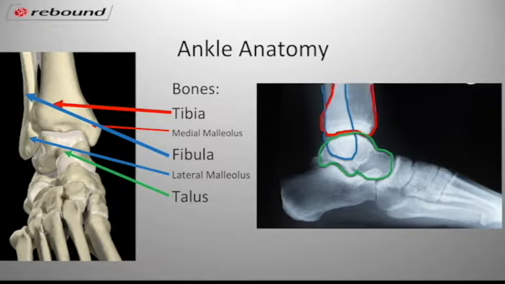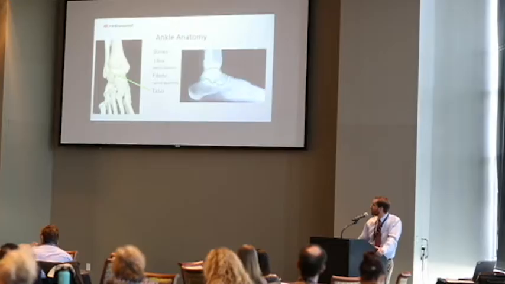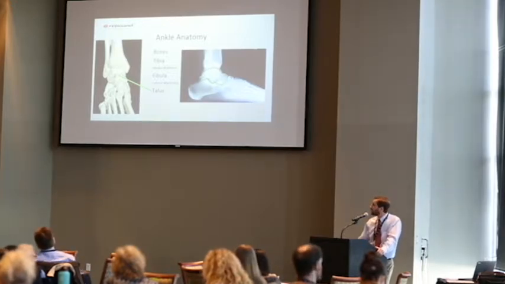The most distal extent of the fibula is called the lateral malleolus. The bone that sits underneath these is called the talus. This is a very important bone in foot and ankle mechanics. It basically attaches the lower leg to the foot. It is about 80% covered in cartilage and susceptible to injury due to this.